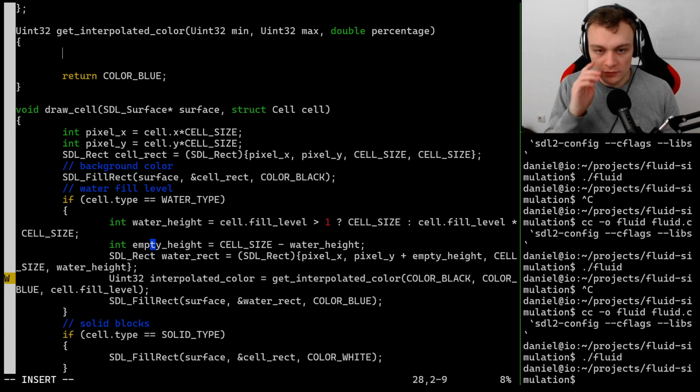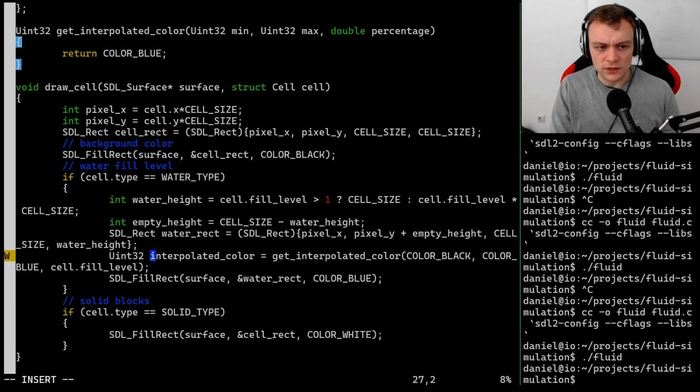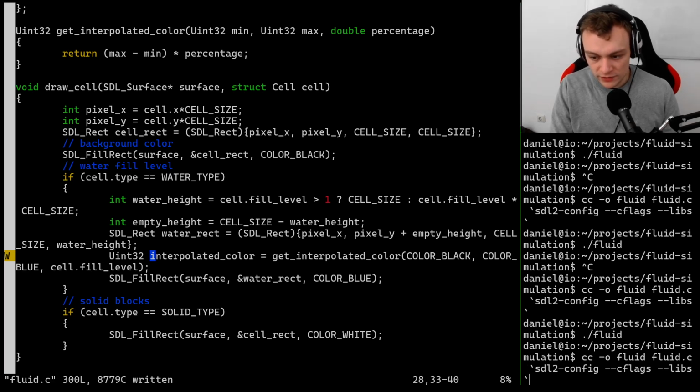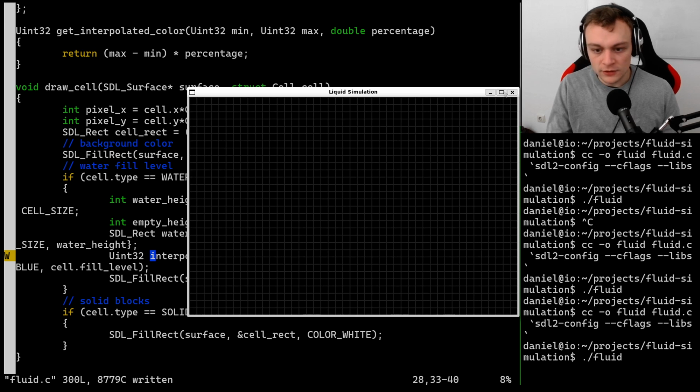If we somehow, let's just try to subtract min minus max, max minus min multiplied by percentage. This is a regular interpolation, but I don't know what it does to color values, because probably everything will get very colorful now.